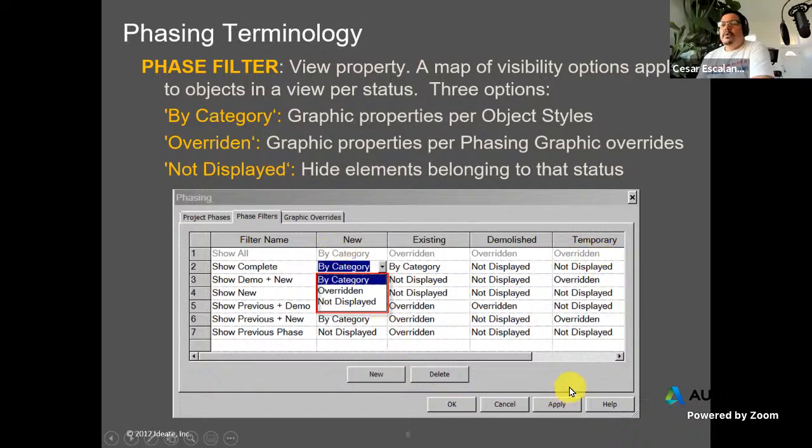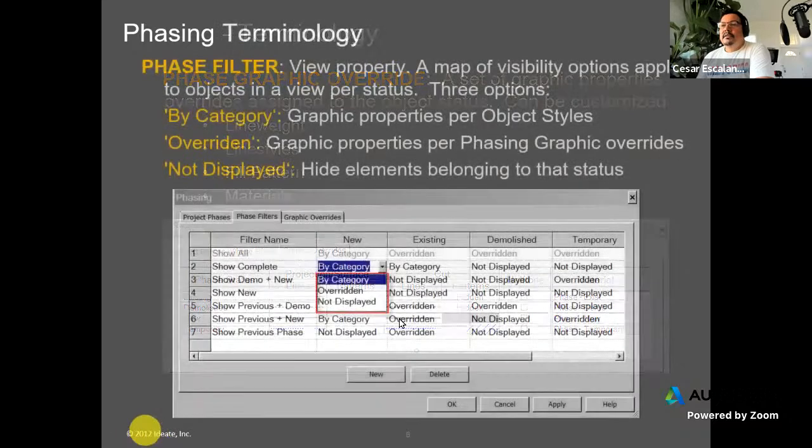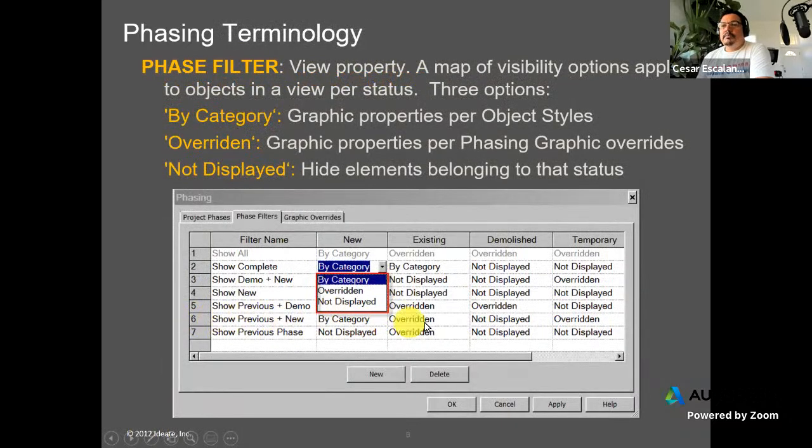So if you are working in a construction plan, look at row number 6. You will display the new elements by category, by object style. Existing objects will be overridden. And what that means is that existing objects will be displayed in grayscale. We're talking about construction plan. The demolished objects are not going to show in a construction plan. There's a demolition plan for that.